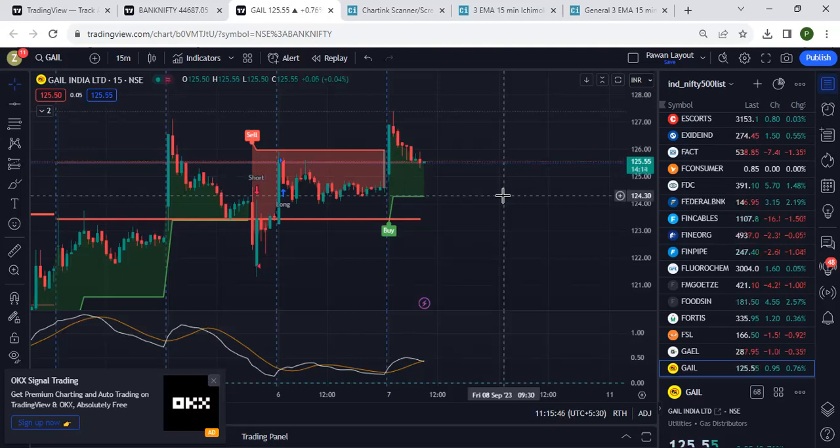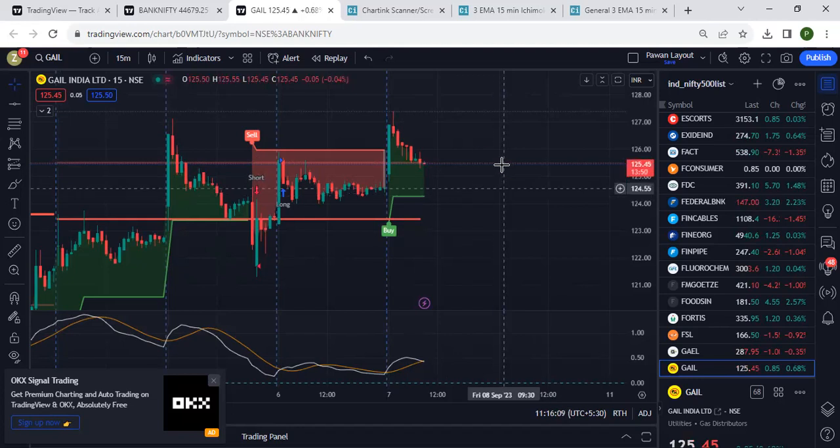So one could grab the stock at around 124, above 124.25. But the stock will not enter into this zone, that is the 124 or 124.25 level. You will not get the stock at this level right now.